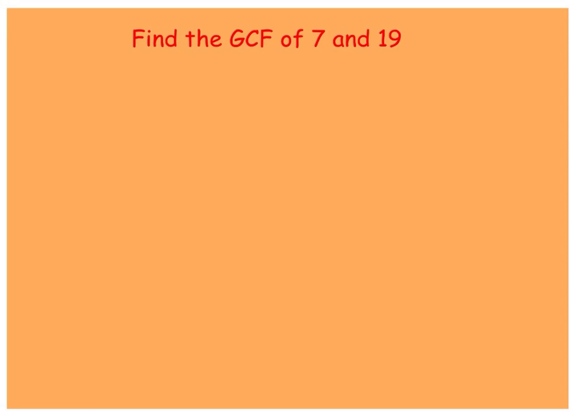Okay, let's do one final example. Let's make a factor tree for 7 and a factor tree for 19. 7, the only factors of 7 are 1 and 7. And when I think about 19, the only factors of 19 are 1 and 19.